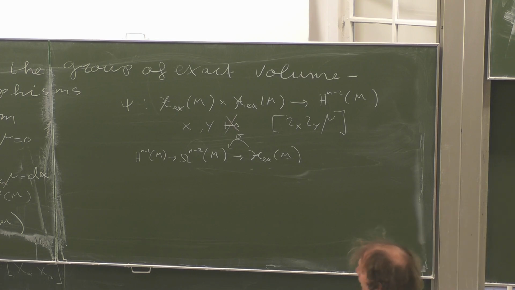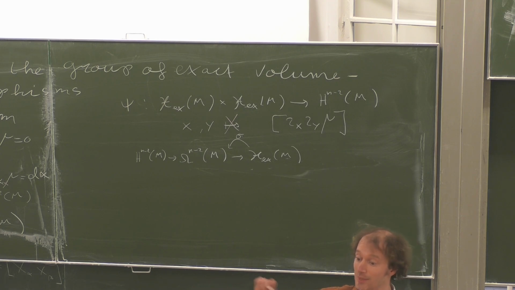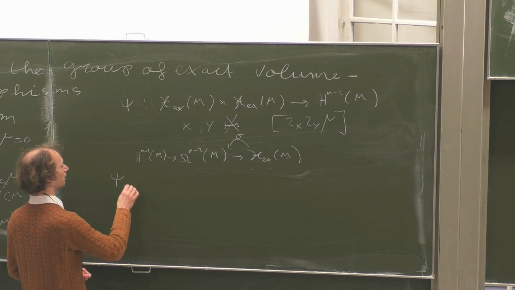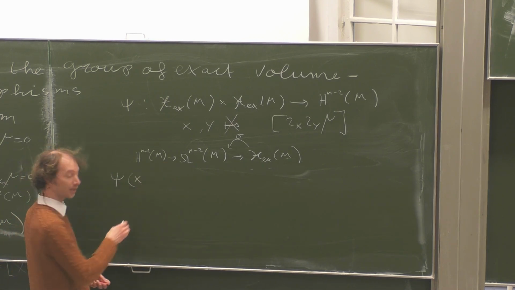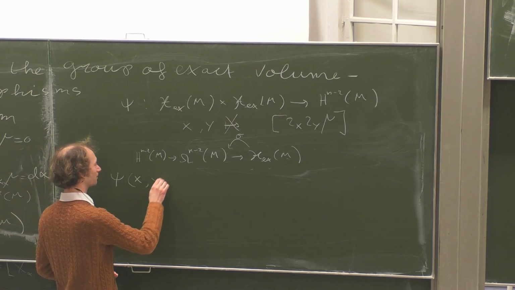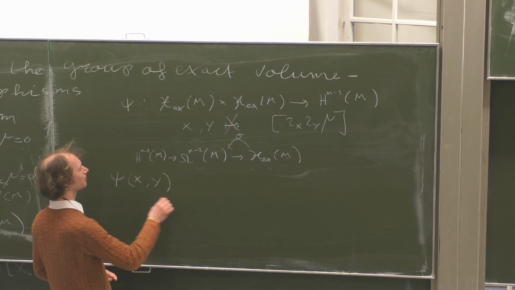The sequence is split, so there is a section. It's linearly split. So the splitting is not a Lie algebra homomorphism. The failure to be a Lie algebra homomorphism is the cocycle. So there's a general formula that should be linearly and continuously split. It is linearly and continuously split. Yes. And that's not trivial, but it's true.